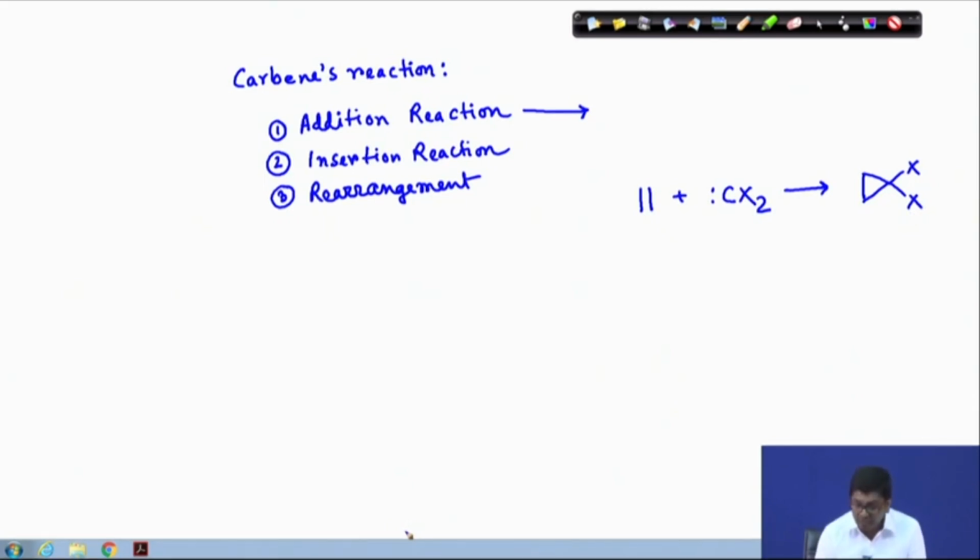Then we understood from there how the singlet carbene can react with the olefin. That means, if the carbene is singlet, it reacts in a concerted way, and if the carbene is triplet, it reacts in a stepwise manner.